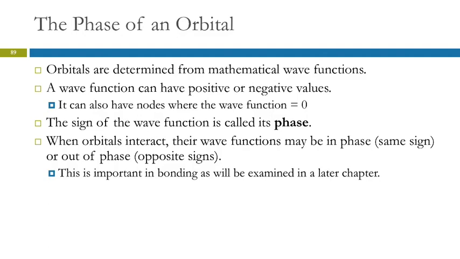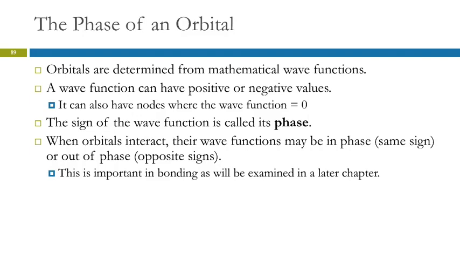So the phase of an orbital: orbitals are mathematical wave functions, and a wave function can have a positive or a negative value. It can also have nodes where the value is 0. The sign of the wave function is called its phase, positive or negative. When orbitals interact, they can be either in phase and interact constructively, or out of phase and interact destructively.